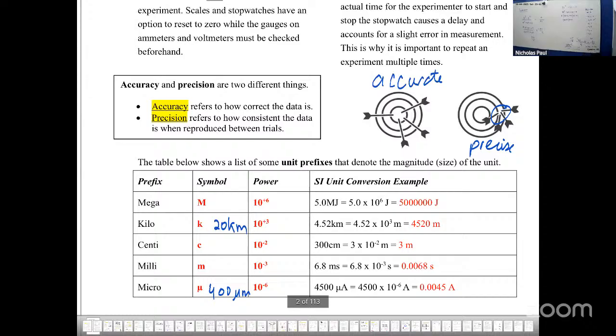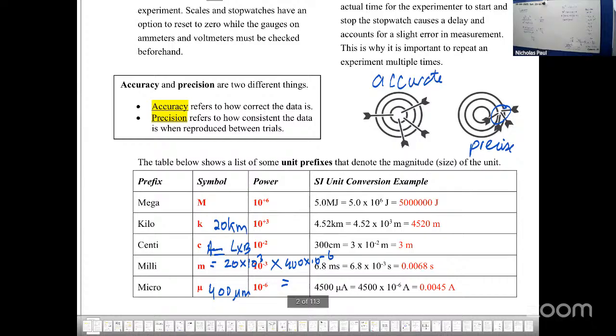So basically, all you have to do is just multiply, right? So we know that area is equal to length by width, right? The length will be 20 by 10 to the 3, and the width will be 400 by 10 to the minus 6, right? When I go to a calculator, I want you to learn to use the exponent function.